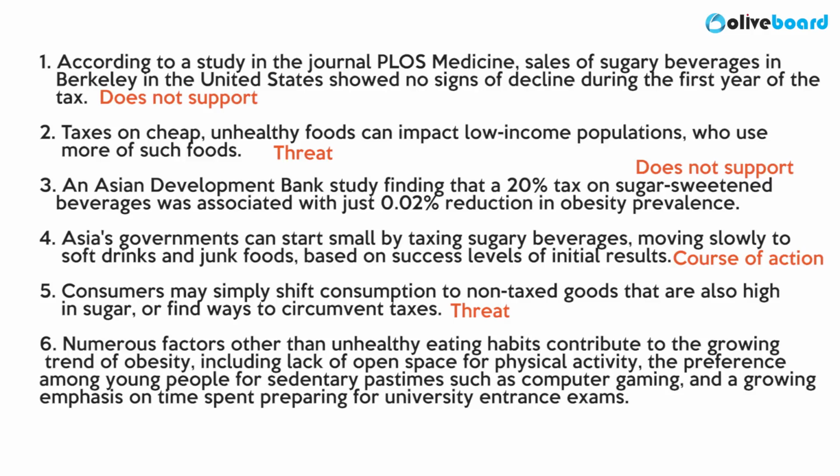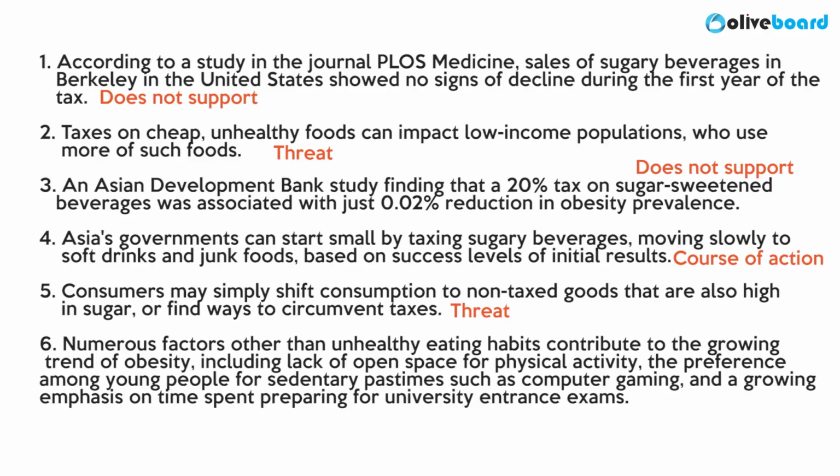And the 6th one explains that numerous factors other than unhealthy eating habits contribute to the growing trends of obesity. They are saying that the reason for obesity is not all about eating habits. There are many other reasons, like we do not have much open space, and we have computer gaming habits, and all these also play a major role in obesity.